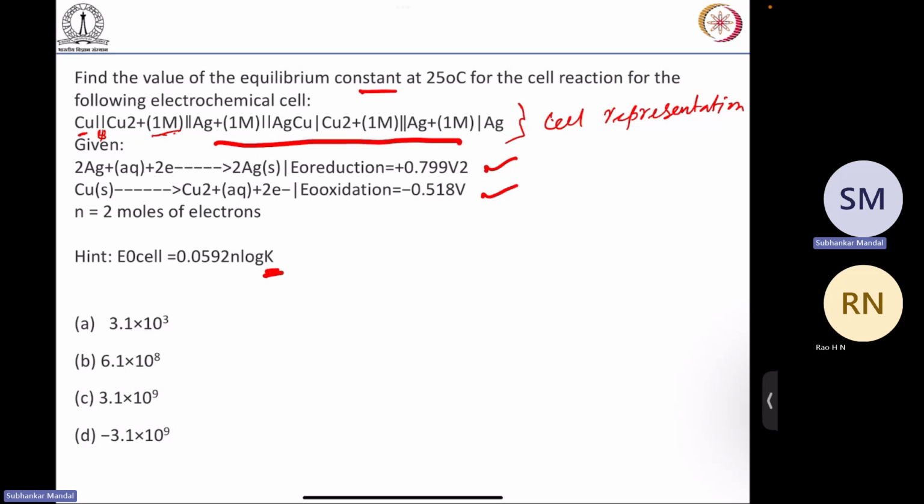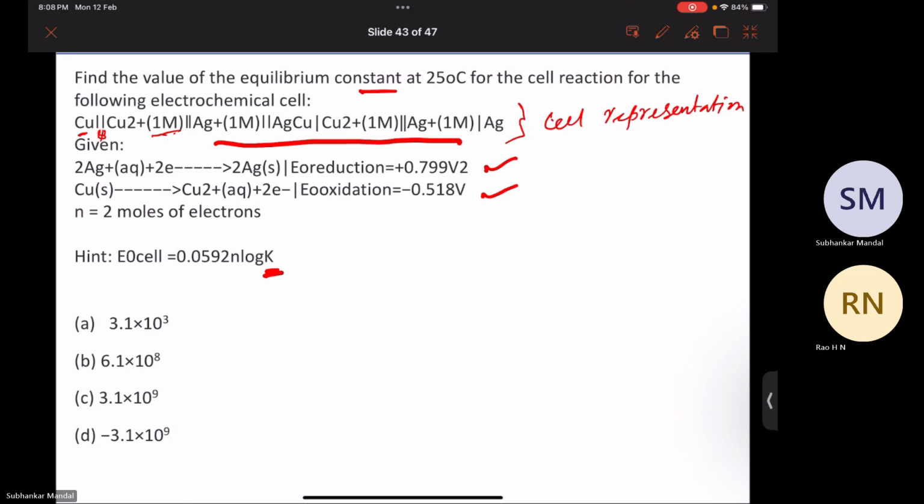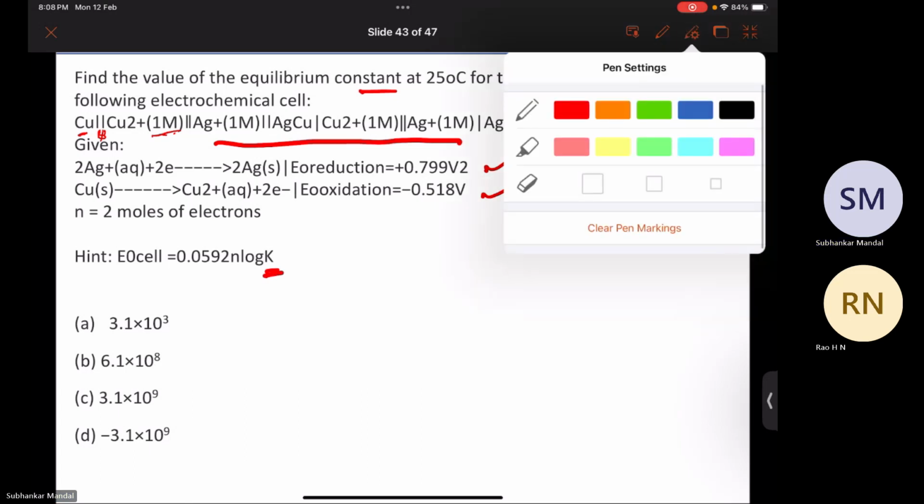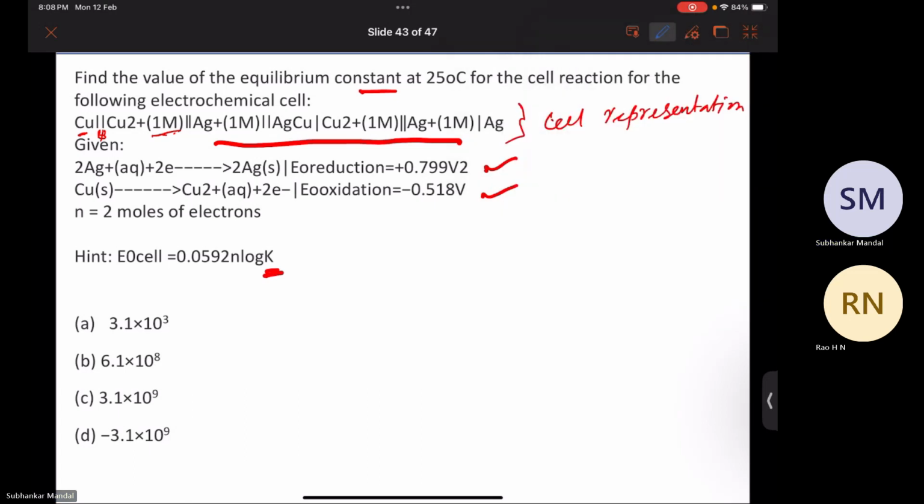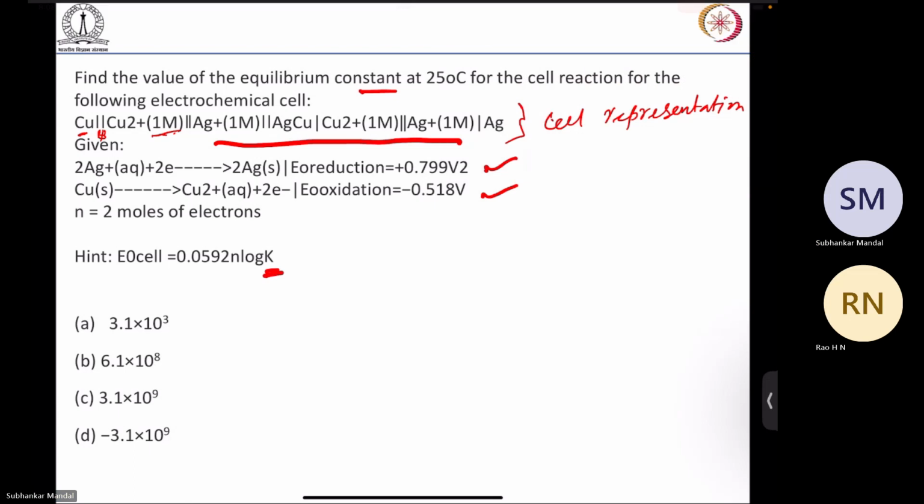How can you proceed? So basically two cell reactions are given, no? On this side copper 2 plus, Ag is going to Ag, and copper is going.